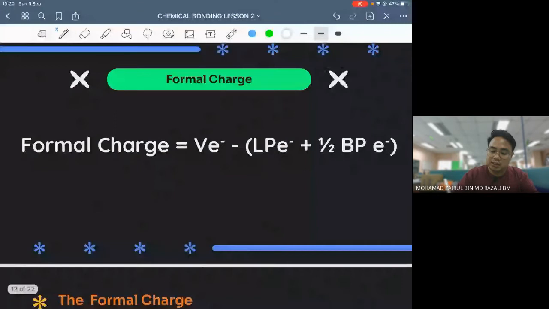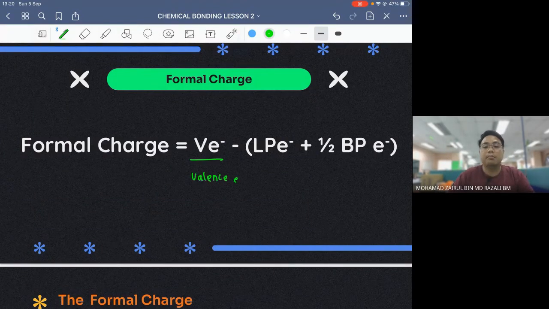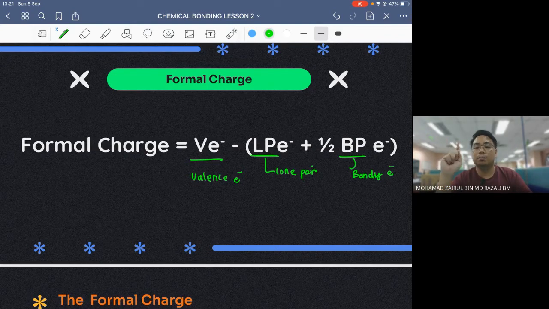The formal charge is equal to the number of valence electrons (VE stands for valence electron) minus the number of lone pair electrons (LP is the lone pair) plus half the bonding pair electrons. So to calculate formal charge: valence electron minus lone pair plus half bonding pair electrons. You can only calculate the formal charge after you draw the Lewis structure. That is the condition. You must draw the Lewis structure first, then you can calculate its formal charge.